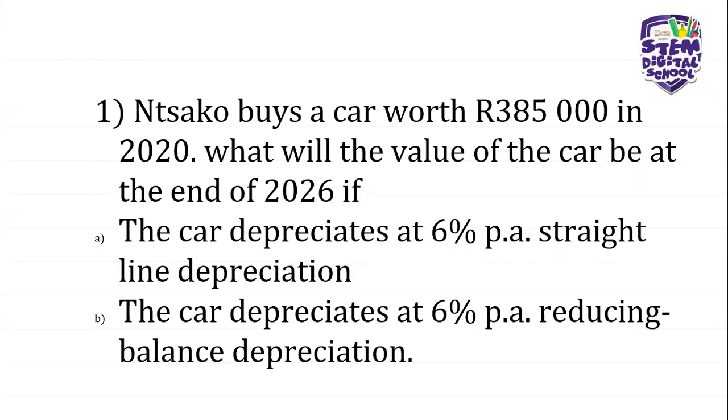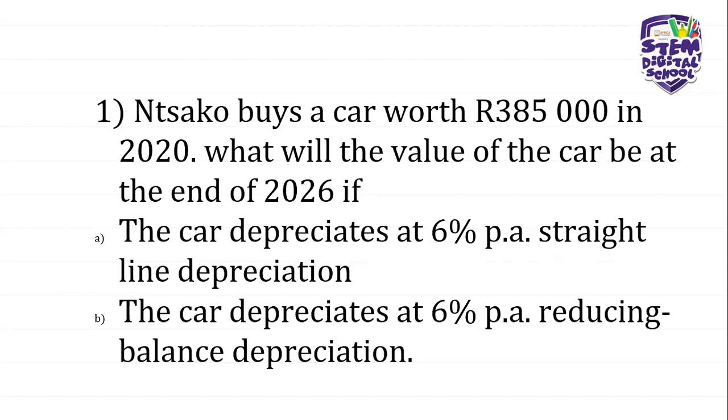Now, we have to look at the example which follows. Ntsako buys a car worth 385,000 rands in 2020. Now, the question that arises from this statement is what will be the value of the car after 6 years?